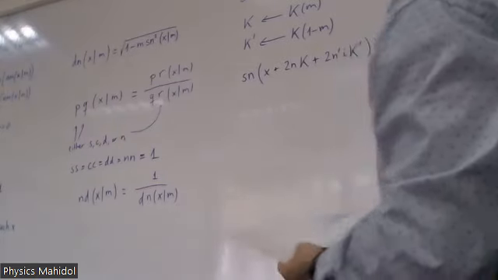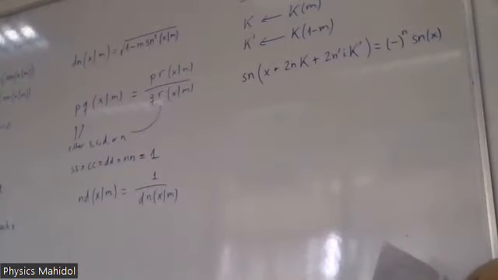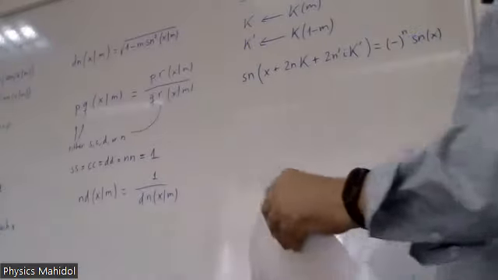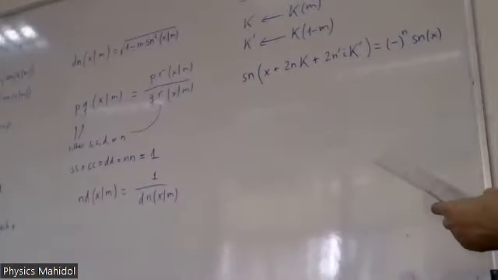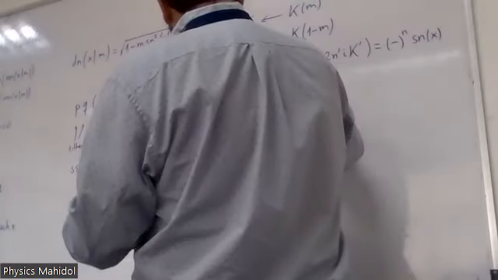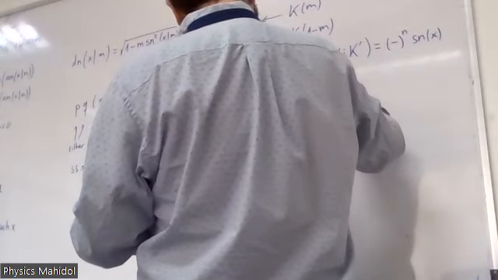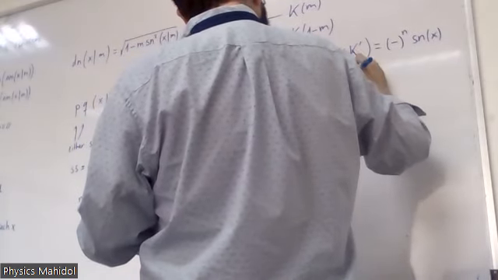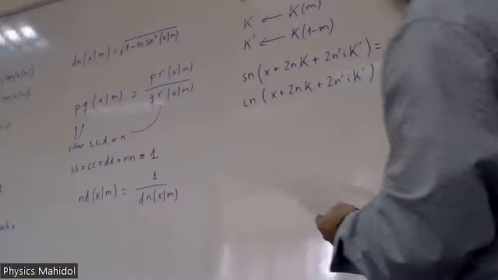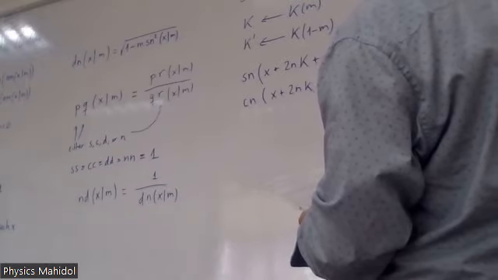So that means sn repeats both if you move in the real axis and in the imaginary axis. And if you move half the period also, it just changes sign as some kind of odd function. And for the cn, if I write the same, 2nk plus 2n prime i k prime here, n and n prime can be any integers, unrelated.